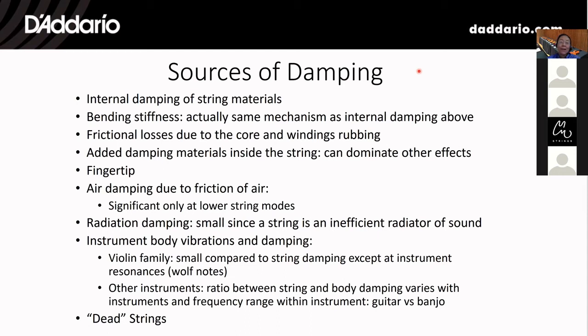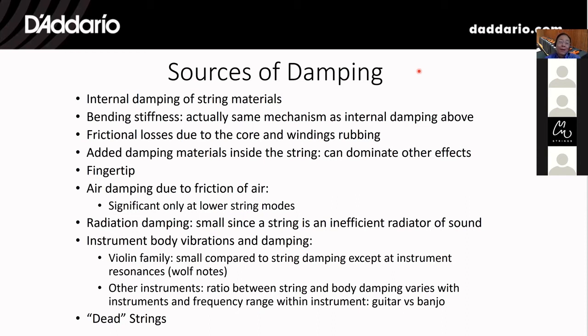And then you have instrument body vibrations and damping, which, although Jim didn't directly talk about this, a lot of his talk previously sort of alludes to this, but I think he left the descriptions of the damping out because that would just add a layer of complications to his talk.